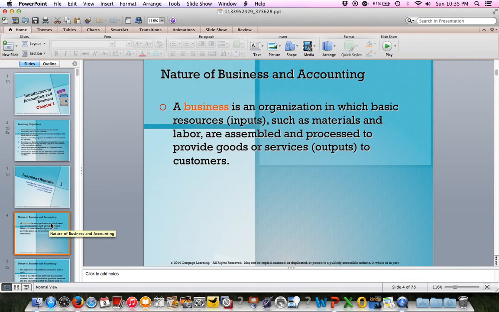So the nature of business and accounting, just keep in mind that organizations use basic resources: materials, labor, assembled processes, outputs. So you've got inputs used, which is materials and labor, which turns into goods and services used by customers. And we're going to account for all that.